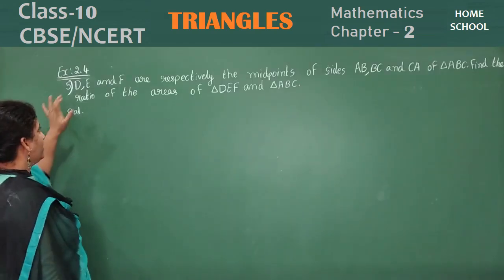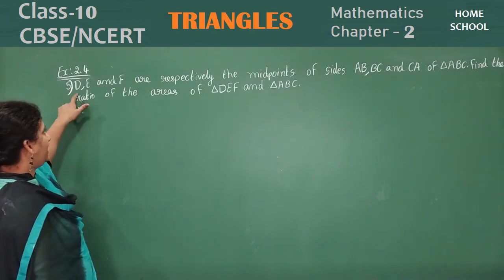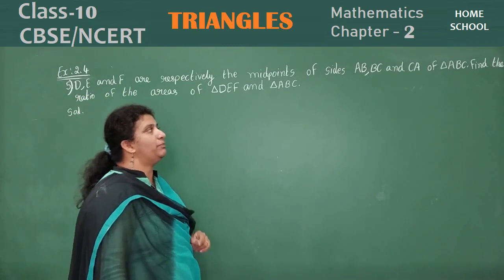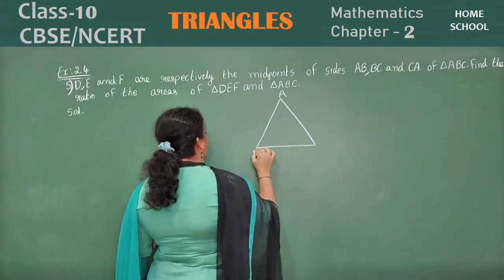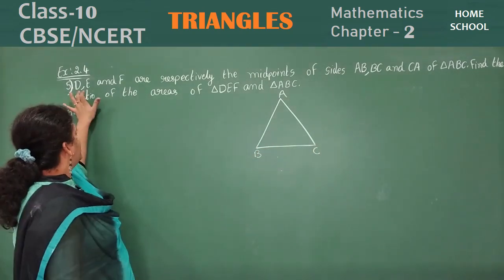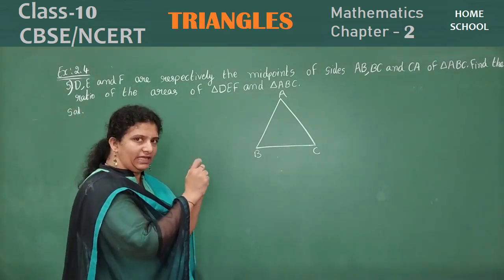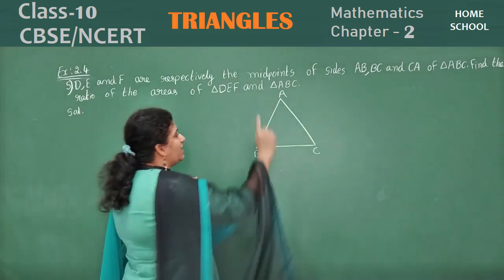Fifth problem. D, E and F are respectively the midpoints of sides. Let me draw a triangle ABC. Now let me read the question. D, E, F are the midpoints of, have the order there, D, E, F. Similarly, let's see the sides.